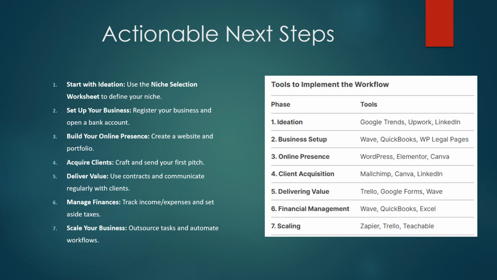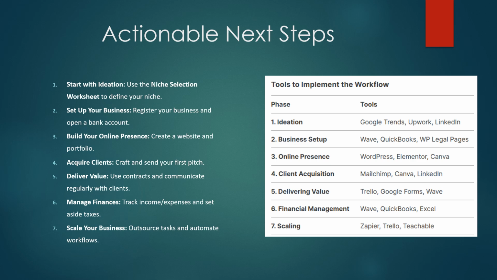And the fifth step, which is delivering value, you can use contracts and communicate regularly with clients. And how are you going to do that? You are going to use Trello and Google Forms to deliver the same.